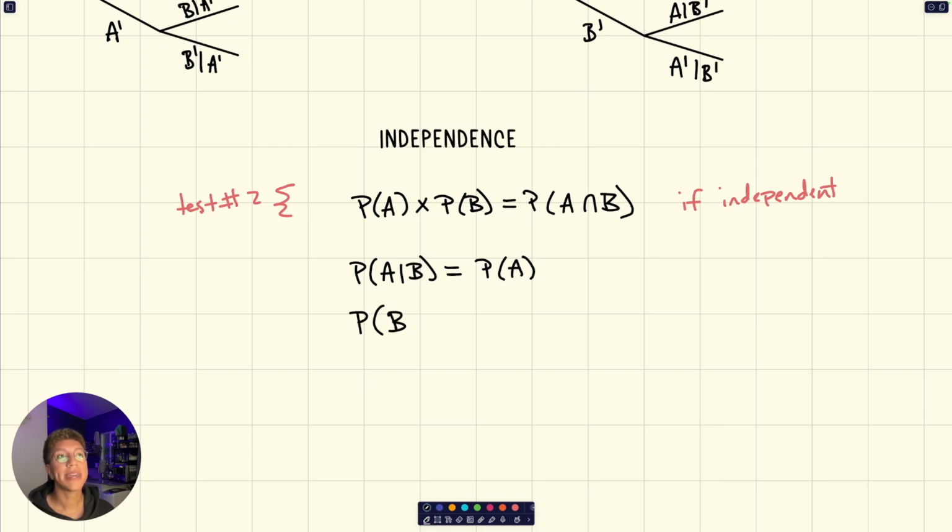The probability of B given A had to be equal to the probability of B. If it passed both of these conditions, then we said it passed test number 2, and it proved that they were independent.